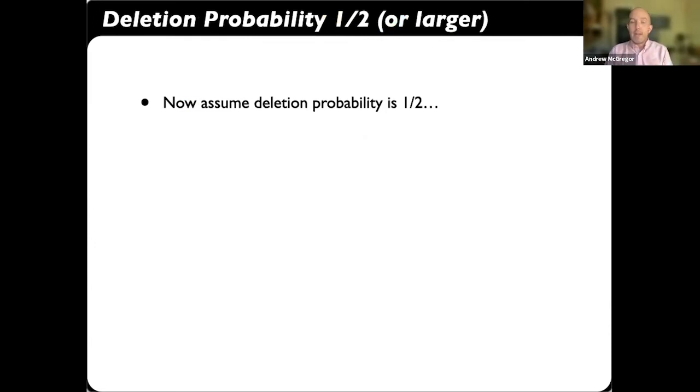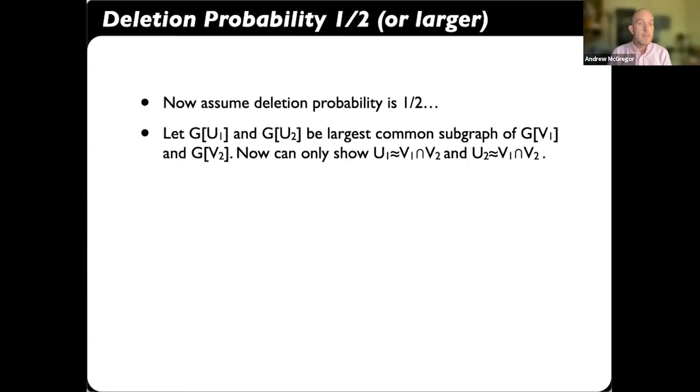Let me briefly say the issues that arise when the deletion probability is bigger, say a half or larger. In this case, it's impossible to pull off the same proof as before, and it seems substantially harder.